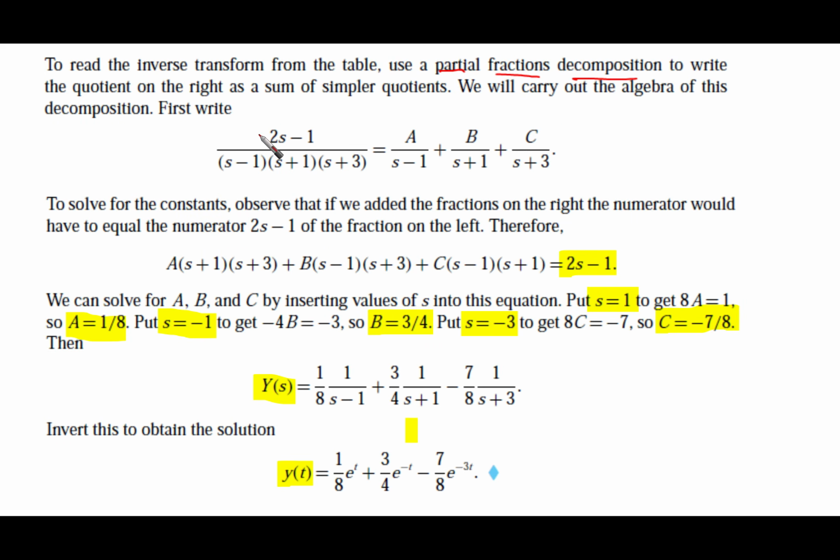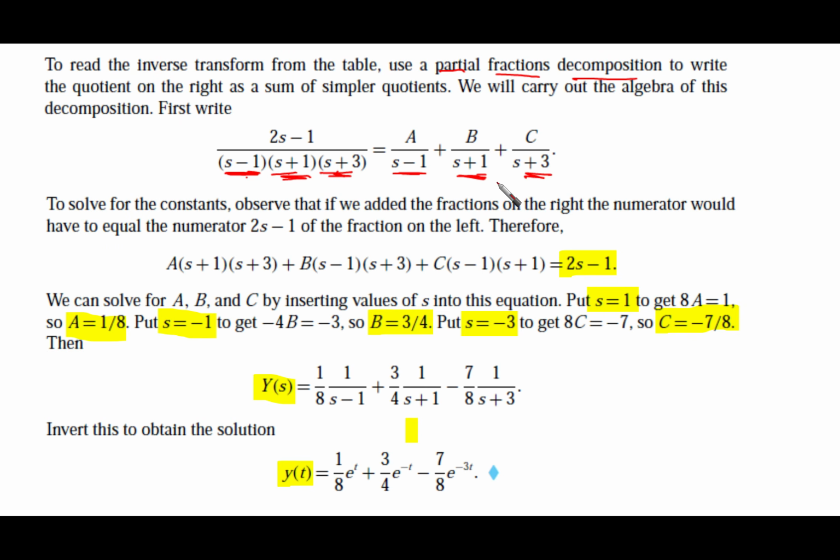We're going to take this right-hand side with the three terms multiplied in the denominator, and we are going to have three terms. Every term is going to take one of the denominator terms. Here is s minus 1, here is s plus 1, here is s plus 3, as you can see.